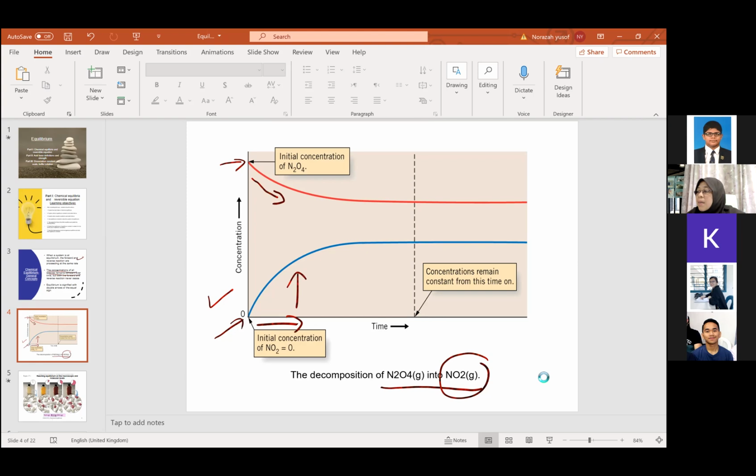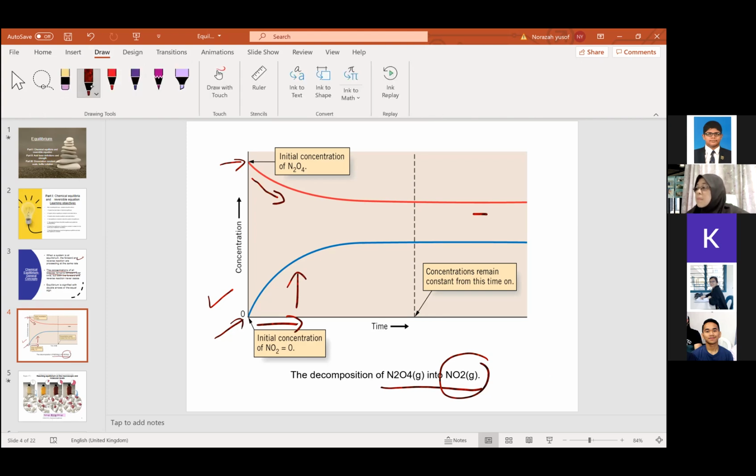And they achieve a constant level. It's not the same, but it is constant. The concentration of the reactant remains constant at one level, and the concentration of the product remains at one fixed concentration.